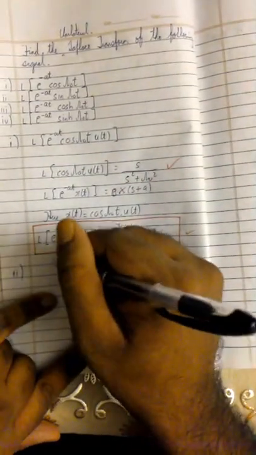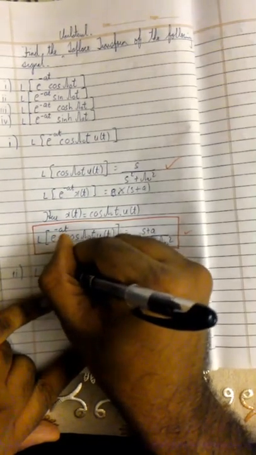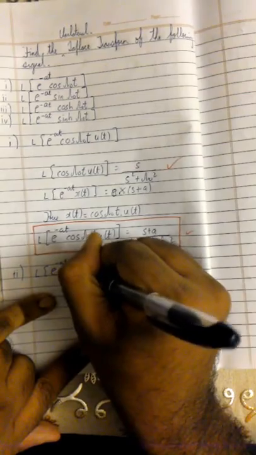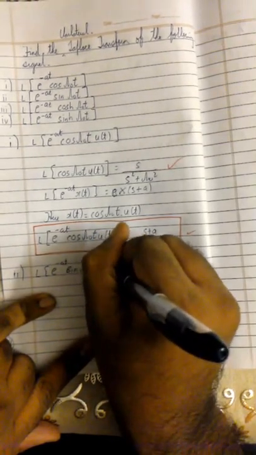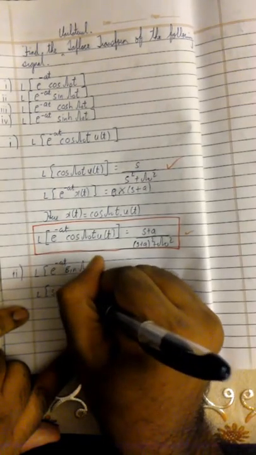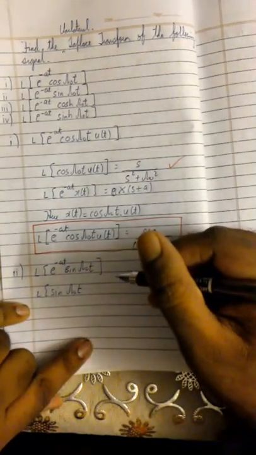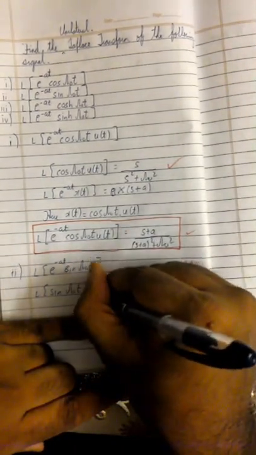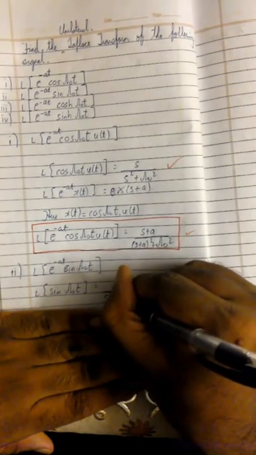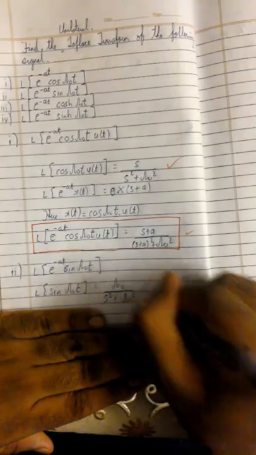Here you should find the Laplace transform of e raised to minus at sine ohm 0 t. We all know that the Laplace transform of sine ohm 0 t is ohm 0 by s square plus ohm 0 square.